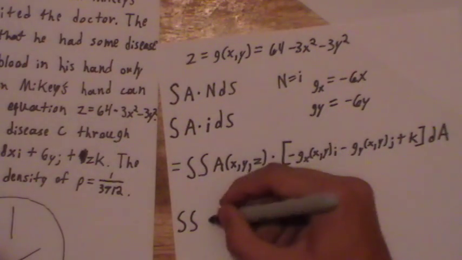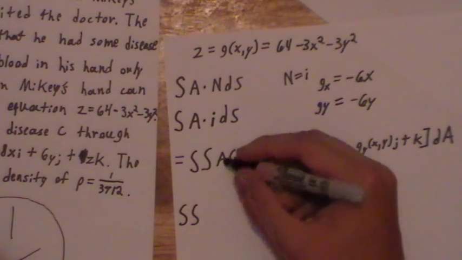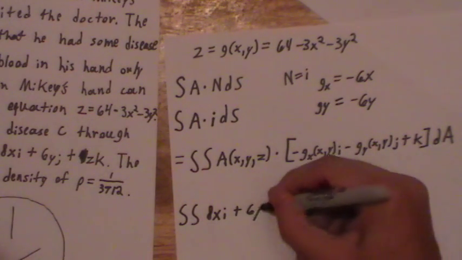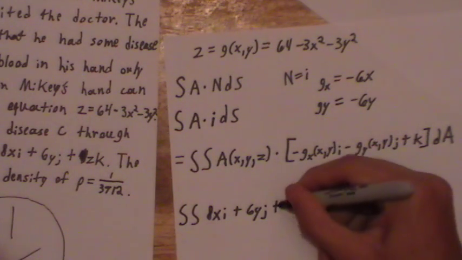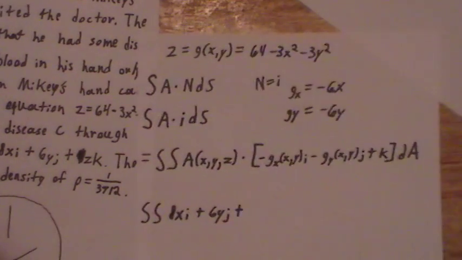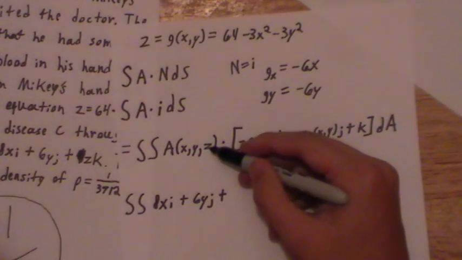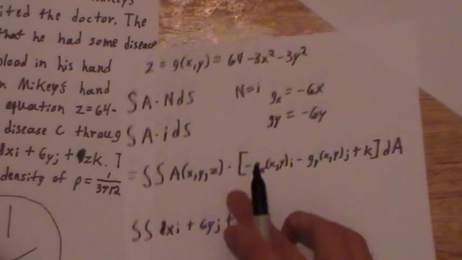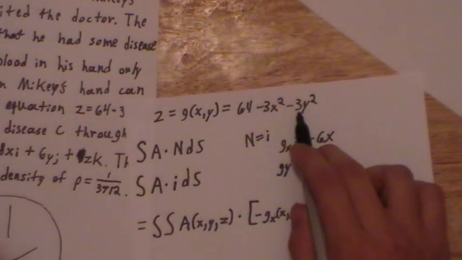So we have, for the vector field, we put 8xi plus 6yj plus, now here's where things get tricky. Well, not too tricky. You see there's a z here, but it's only a double integral, so we need to get rid of the z. But up here you see that z equals this.